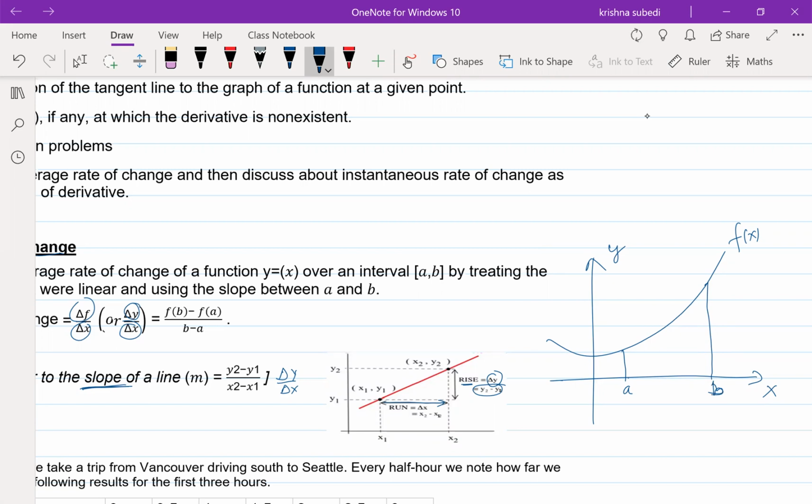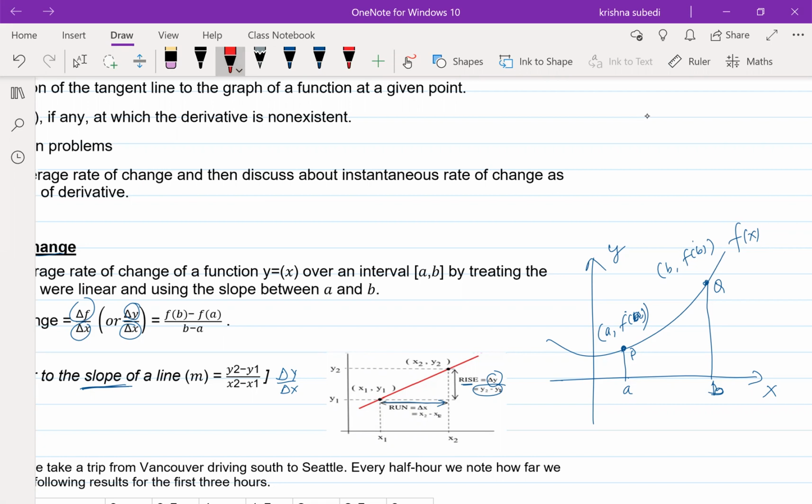This point can be written as a, f of a, and this point will be b, f of b. Let's say this is my P and this is my Q. So average rate of change is simply y2 minus y1 over x2 minus x1, which means f of b minus f of a over b minus a.